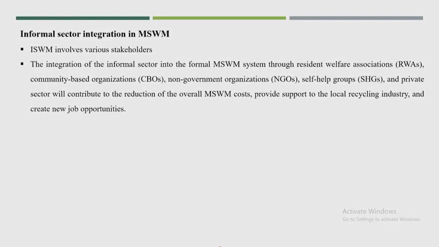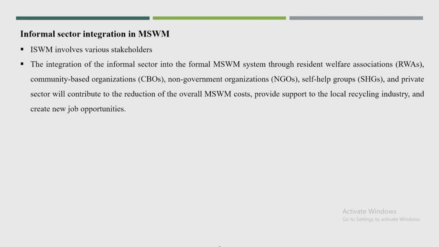So, inclusive is not only government participation, or government companies or authorities participation only. It should be inclusive, but the informal sector also should be integrated, like NGOs, CBOs, community based organizations, self-help groups, and some private sector.